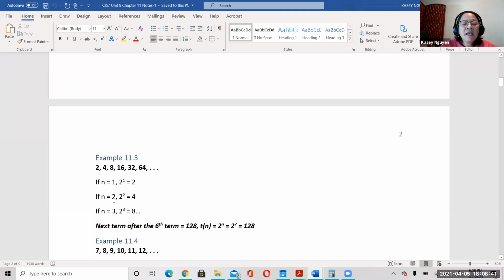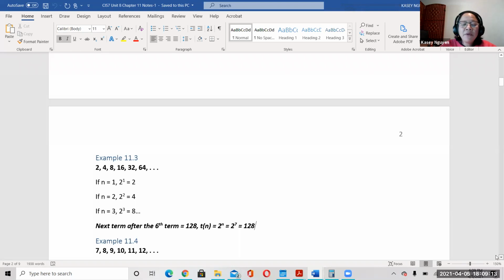So in this example, what we see is the nth value is the exponent, right? And we have a base 2. And so we can test it for each of the terms, and we would be able to determine that when you have the seventh term, that would be 2 to the n or 2 to the 7th, that would be 128. Okay.